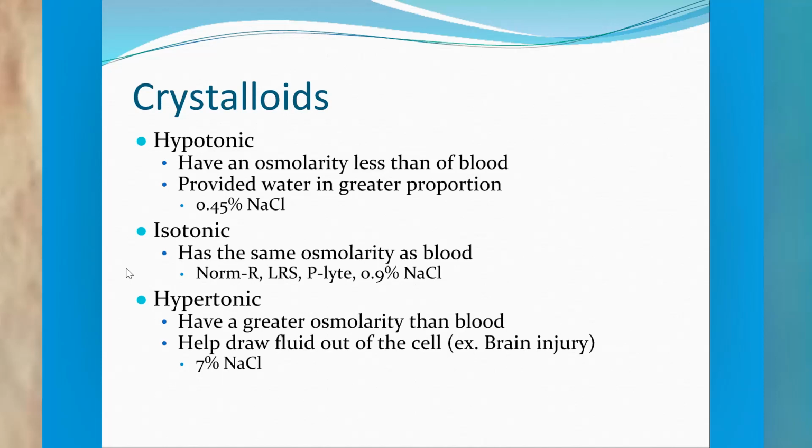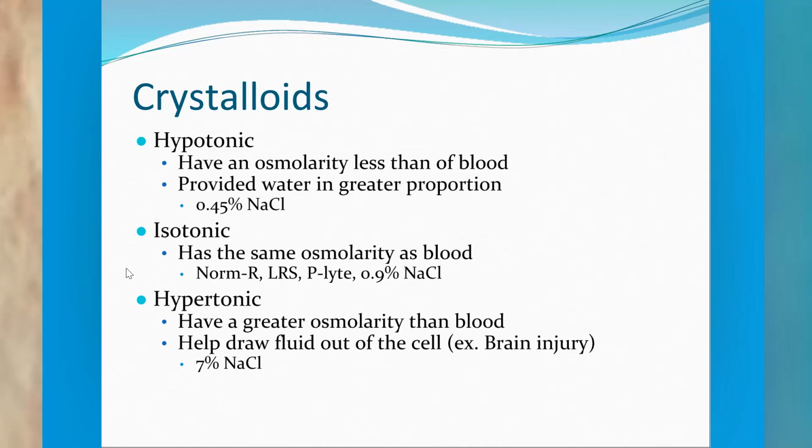All right. We typically don't use these too much, but there are times where we essentially would use it. So essentially that would be our 0.45% NaCl. But like I said, we don't use them too often.